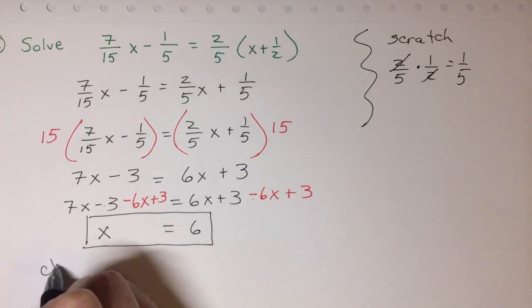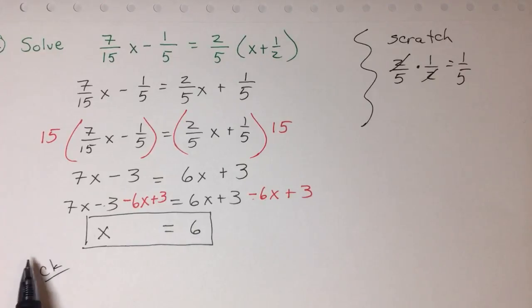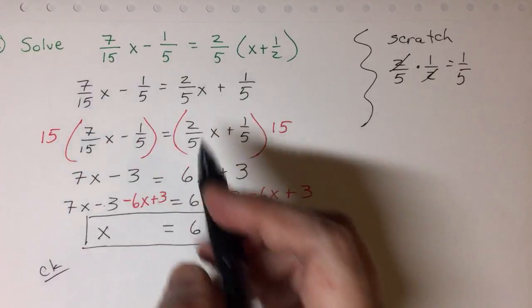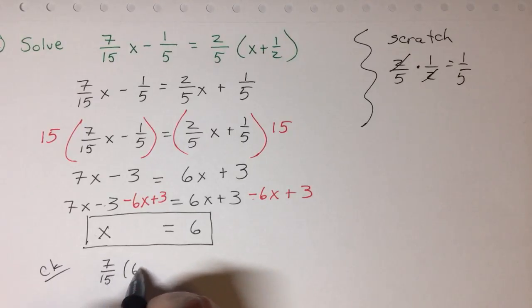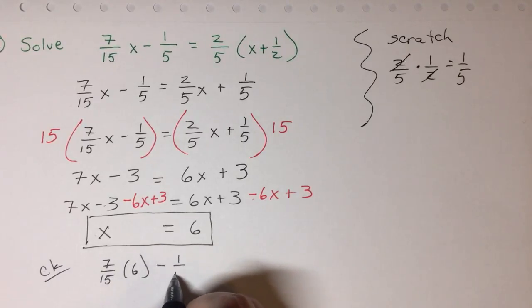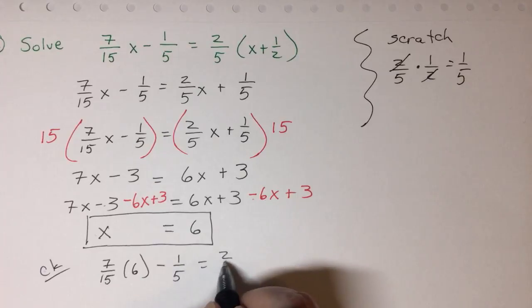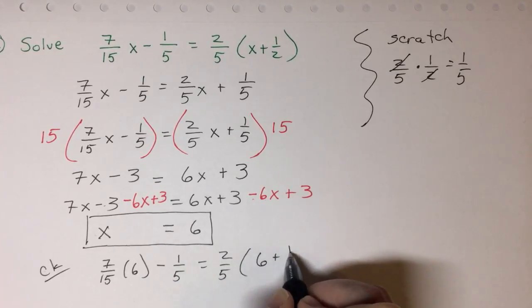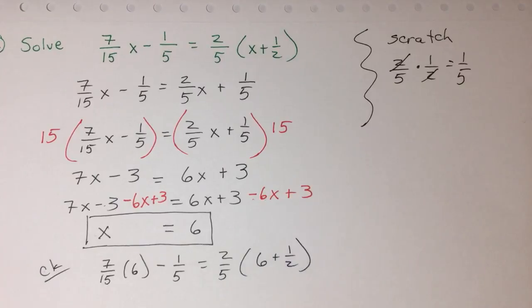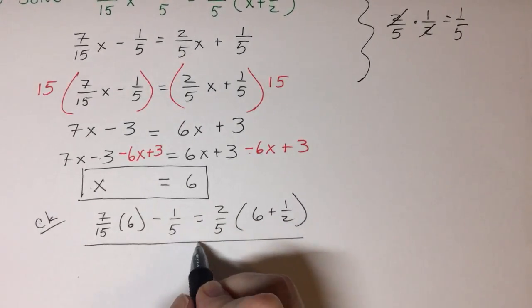If I do the check, the key with the check is always go back to the original equation. 7/15 times 6 minus 1/5 is 2/5 times 6 plus 1/2. This is a place where using the calculator is very nice.